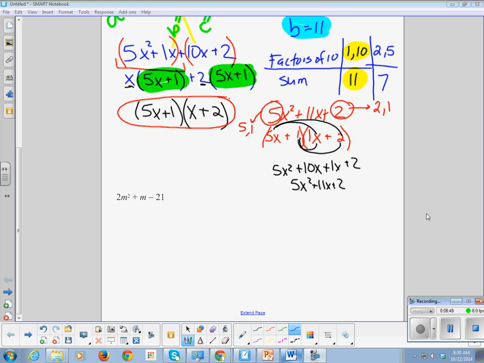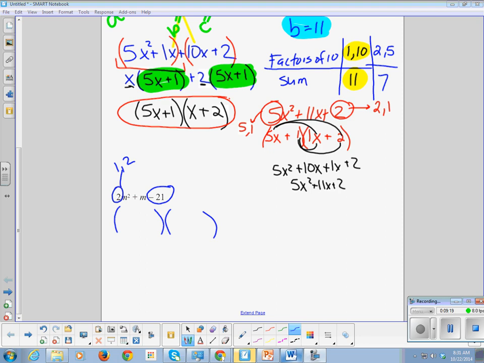2m squared plus m minus 21, and this is straight from your worksheet. So I have 2 as my A and negative 21 as my C. How does 2 split up? What times what is 2? So 1 and 2. Now 21.